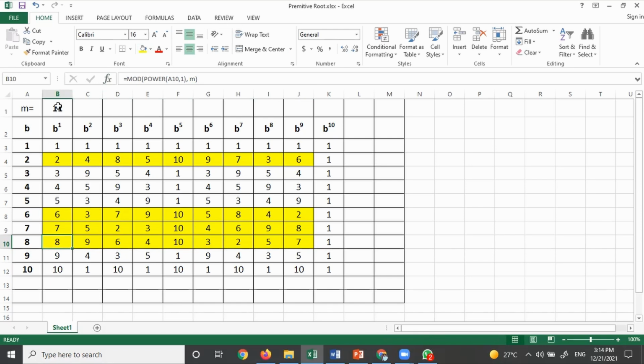For 11, m is 11, and we are getting 2, 6, 7, and 8 as primitive roots of 11. We should also consider this value with the set like this.